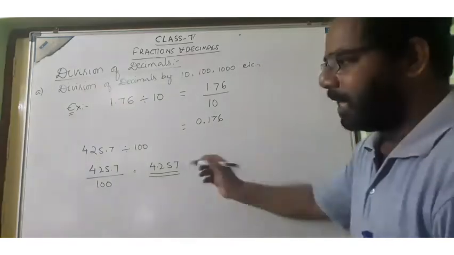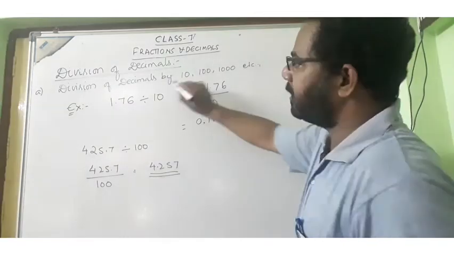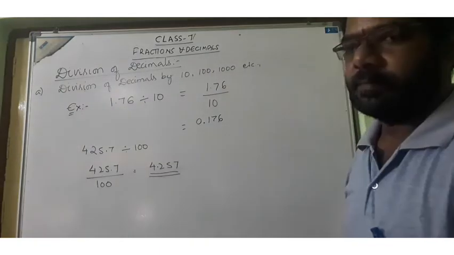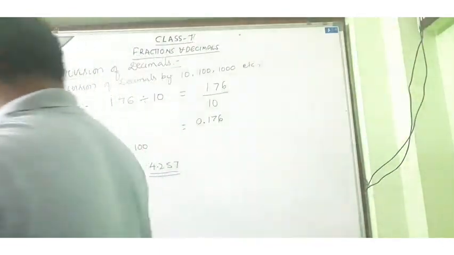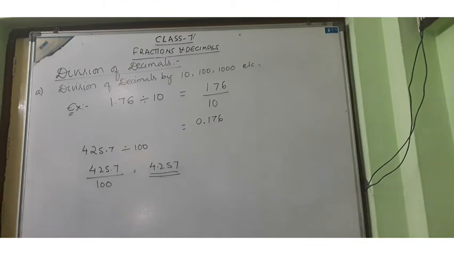Okay now. So like this, division of decimals by 10, 100, 1000 or like that. In this, the second case is there. What is the second case? Division of decimals by a whole number.